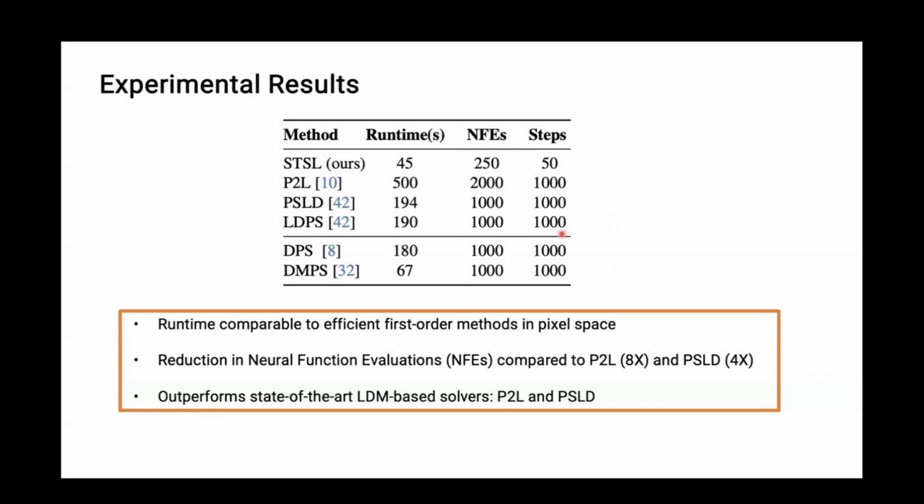Instead now, because we are doing a second order correction, it suffices to run only 50 steps of diffusion. Of course, each step of diffusion is more expensive because locally you're running a stochastic approximation. So what you should see is how many times you are calling the score network, the NFEs, neural function evaluations.